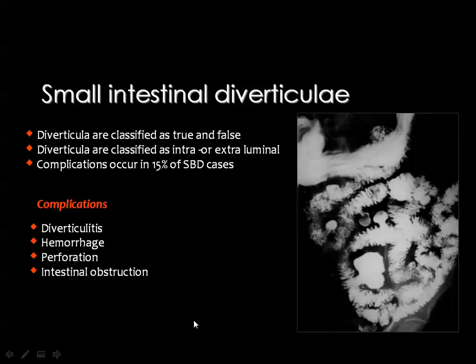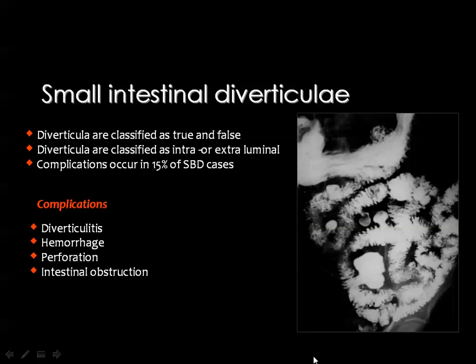Then the small intestinal diverticuli. You know the GIT diverticuli in general are either true or false diverticuli. The false diverticuli are made only of the mucosa and the submucosal layers, while the true diverticuli are made of the whole layers of the gut wall.